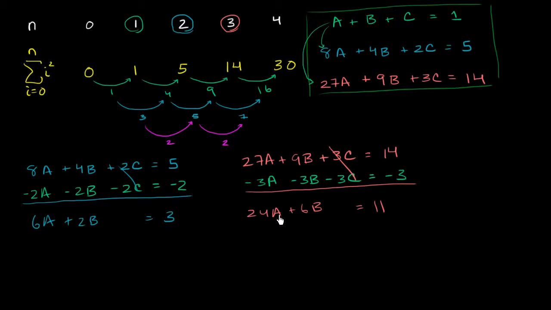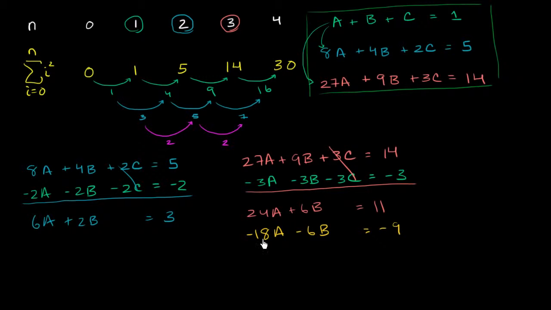Now I have two equations and two unknowns. And let's see, if I multiply this equation right over here times -3, I should get the B's to cancel out. So let's do that. So if I multiply this times -3, 6A times -3 is -18A. 2B times -3 is -6B, is equal to 3 times -3, which is -9.